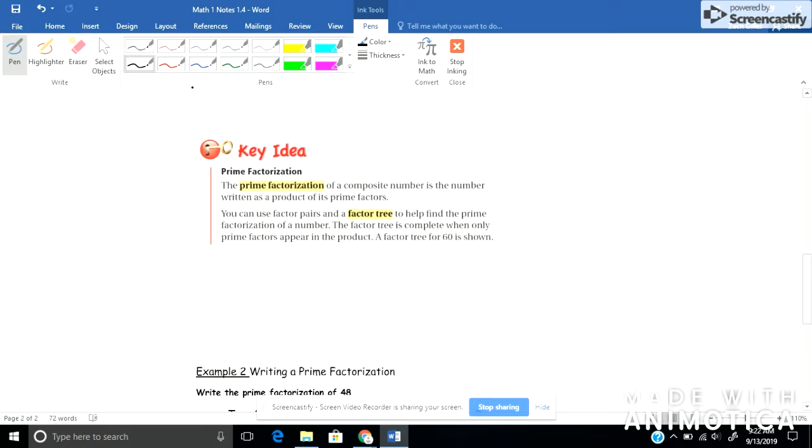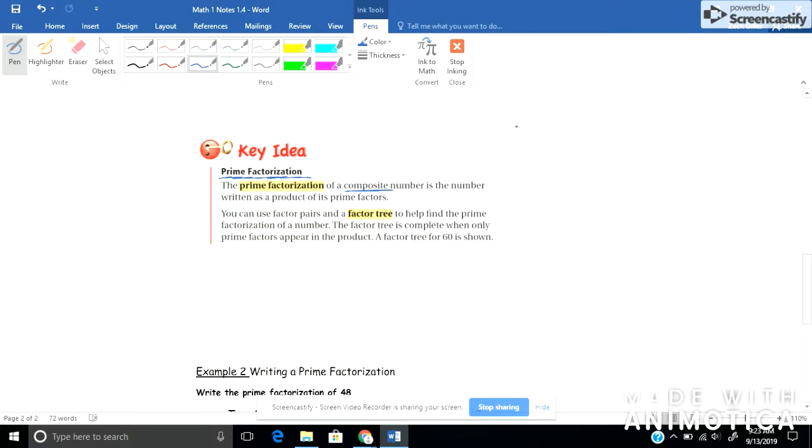All right. Our key idea says that here we're going to be talking about prime factorization. So here was the section title, prime factorization of a composite number is the number written as the product of its prime factors. So first we have to remember that a composite number is basically the opposite of a prime number.